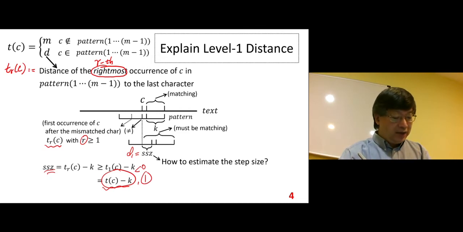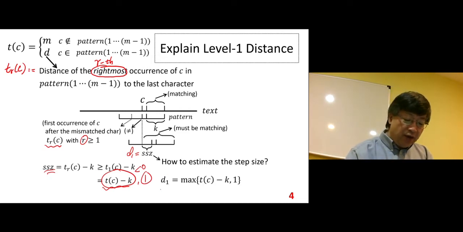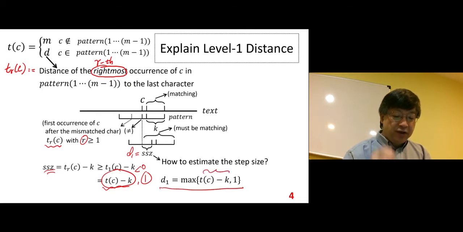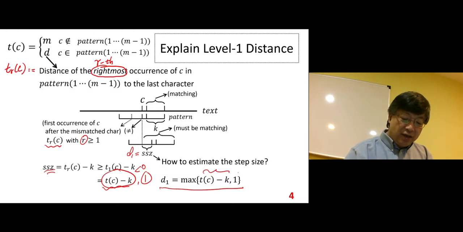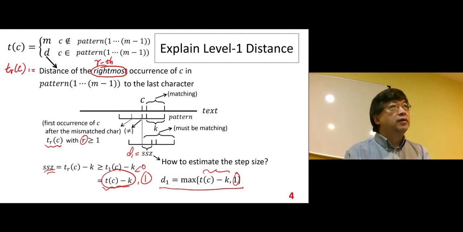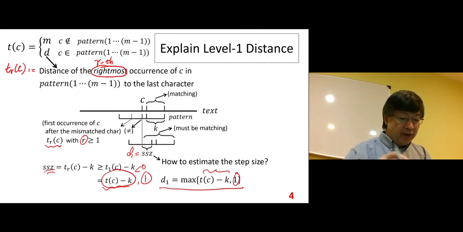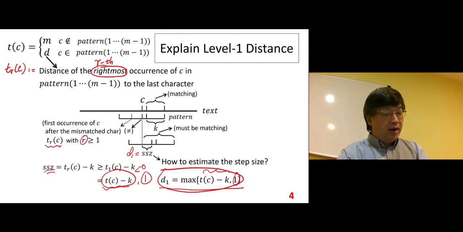So that's why we get D1 as the max of this possible step size with 1, whichever is larger. So this explains the D1 definition.